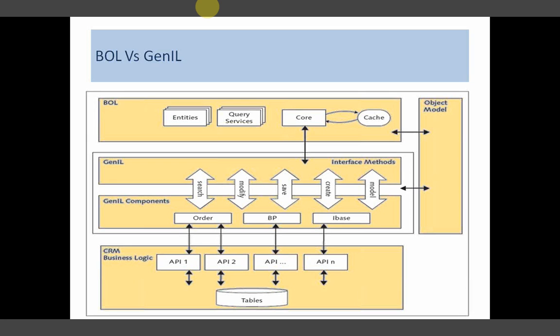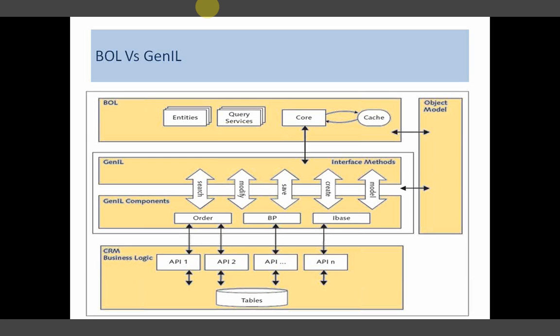Anyhow, if you are not understanding right now, no issues. When we discuss the BOL layer, then we will be able to get what exactly we mean by runtime. And when we discuss OOPS programming, we need to get what we mean by instantiation, design time, and runtime.